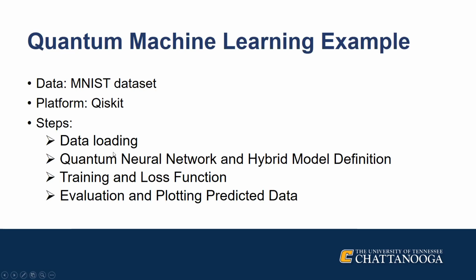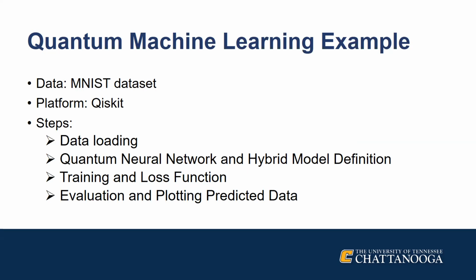So what we're going to do in our example, we are using the Modified National Institute of Standards and Technology dataset, which is known as the MNIST dataset. The dataset is huge. It has 60,000 single-digit images.